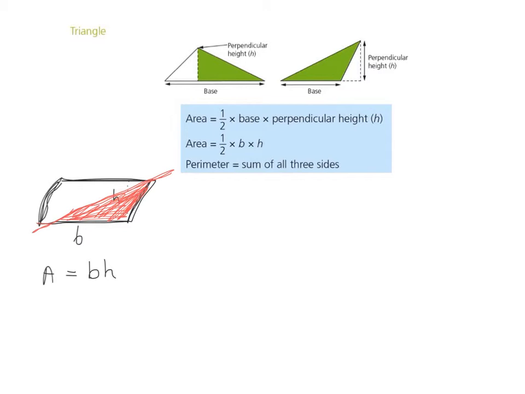So we can also write down the area for a triangle is base multiplied by height divided by 2, or 1/2 multiplied by base multiplied by height, okay? And the perimeter is the sum of all three sides, okay? So it might be named ABC or XYZ, and when we know how long are they, we can just simply add them up together, okay?